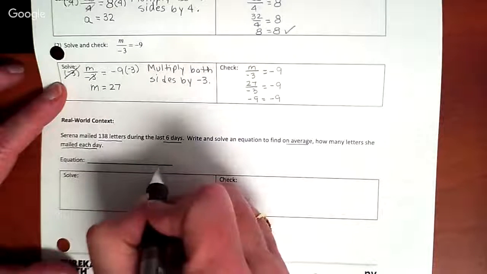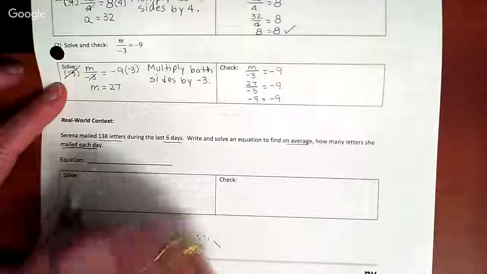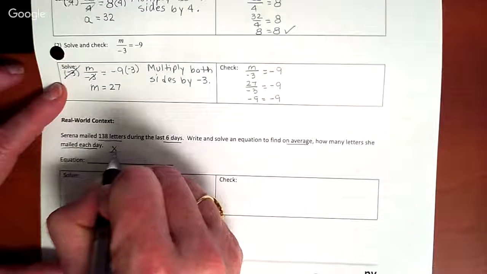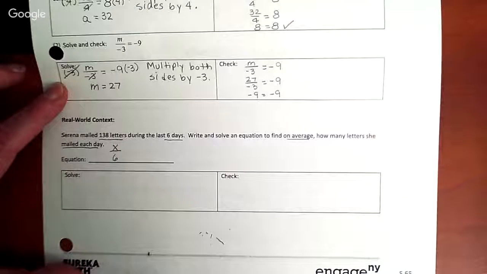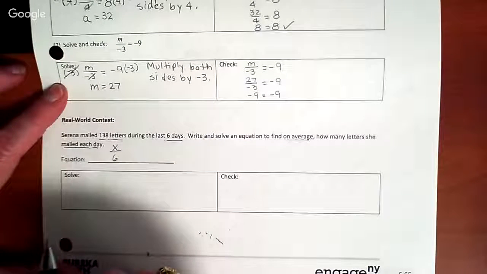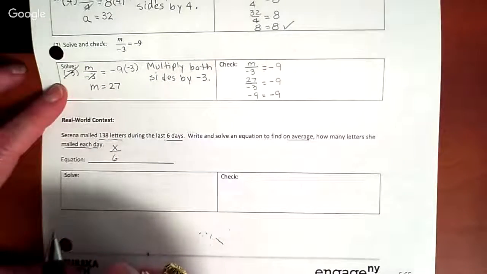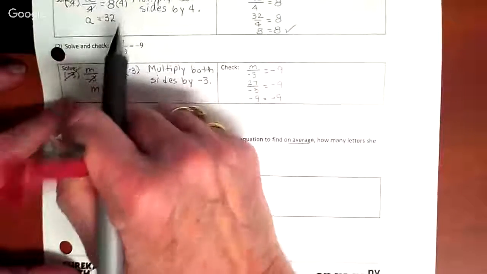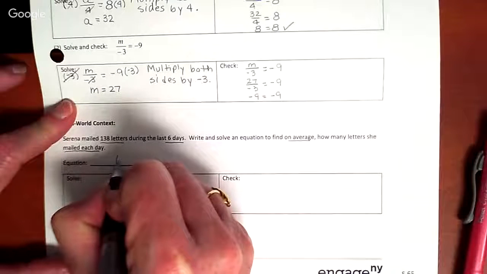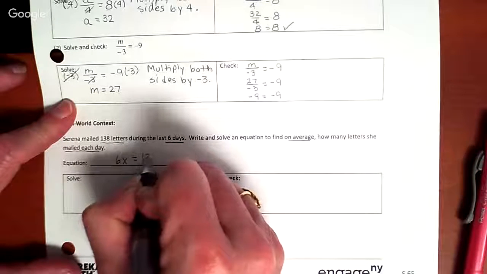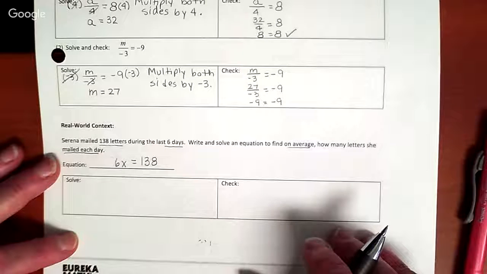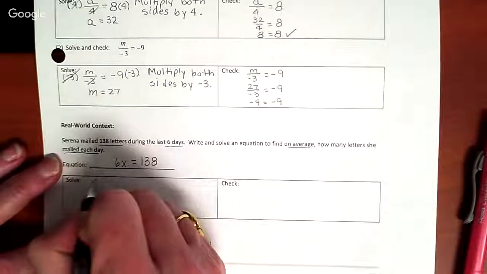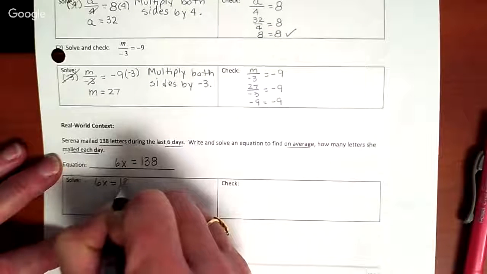So here we would have, sorry, 6x equals 138. So here we would have 6x is 138.